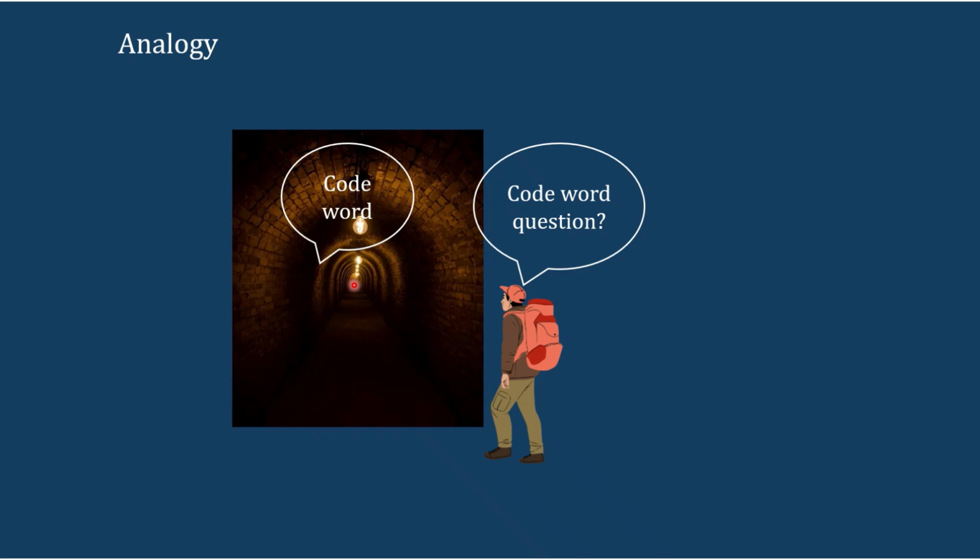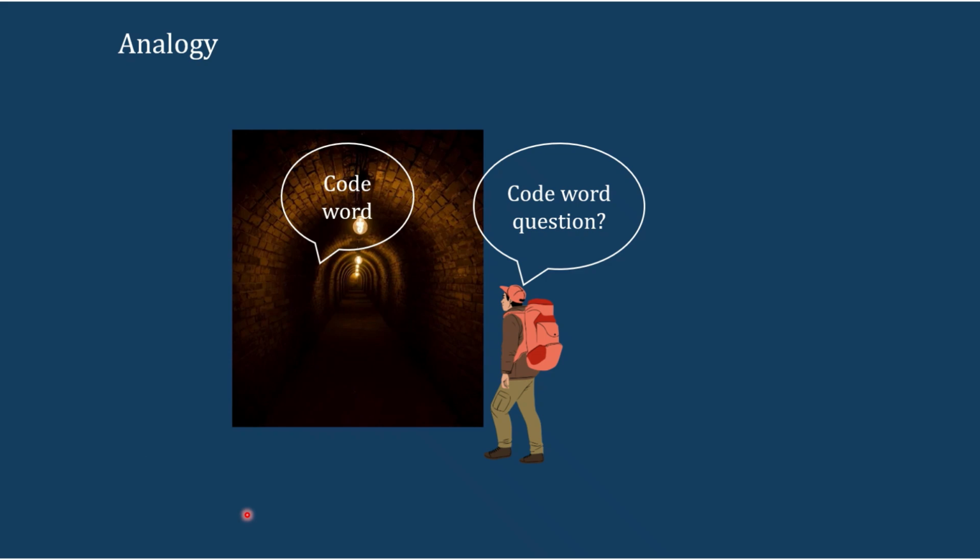That is the difference between the first scenario and the second scenario. In the first scenario, you have a general question and you get a general answer, so you are not sure whether it is your friend or not. But in the second case, you can be sure it's your friend inside this tunnel based on that code word.